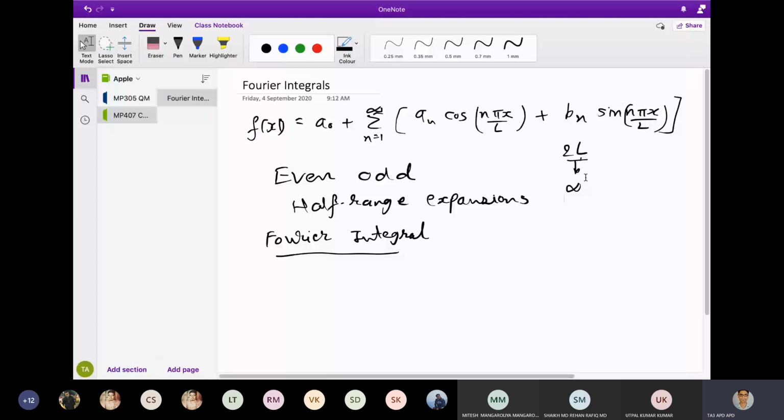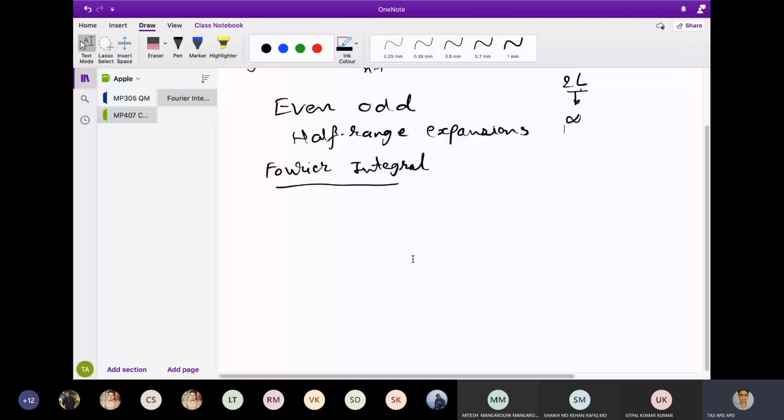Okay, so let's now just calculate these Fourier series. We will make a transition from Fourier series to Fourier integral. So ultimately, we are interested in replacing the summation by an integral. That's all it means. So for that purpose, let us write down the expression for your Fourier series.